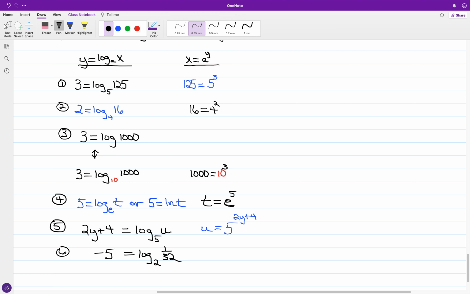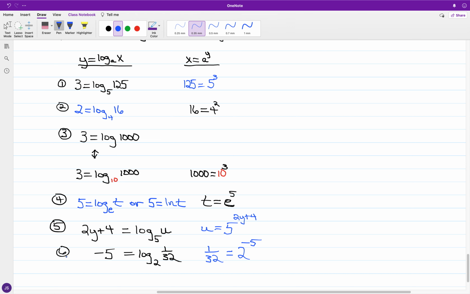So you have a negative value involved. y is negative 5, a is going to be 2, and x will be 1 over 32. If I rearrange, x is this fraction, 1 over 32, and a is going to be 2 to the y, so 1 over 32 is equal to 2 raised to the negative 5th, or 2 to the negative 5.